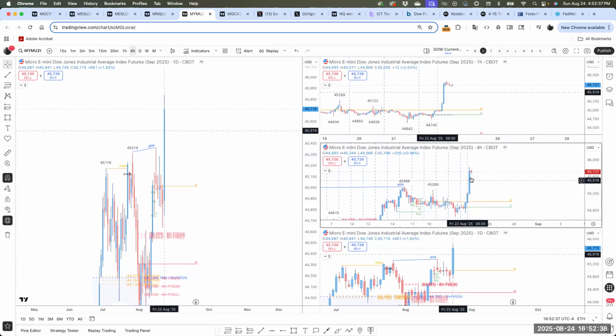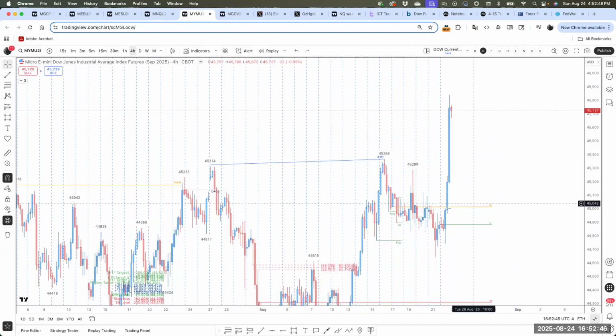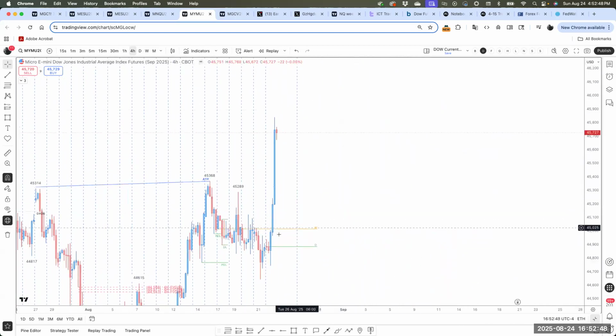And you can see we got a fair value gap on the 4-hour already. We got three stacked fair value gaps. So we could be pushing anywhere down from this high up to this low. Anywhere in between there's a fair value gap here, here, and here.